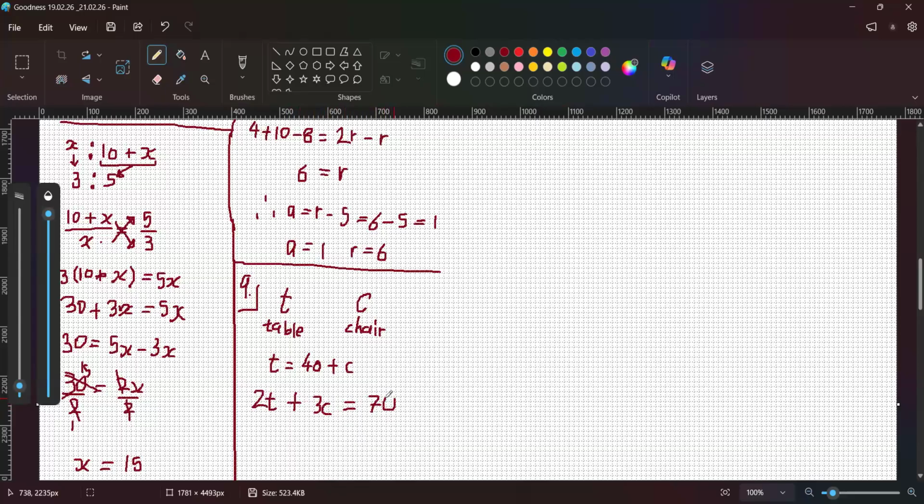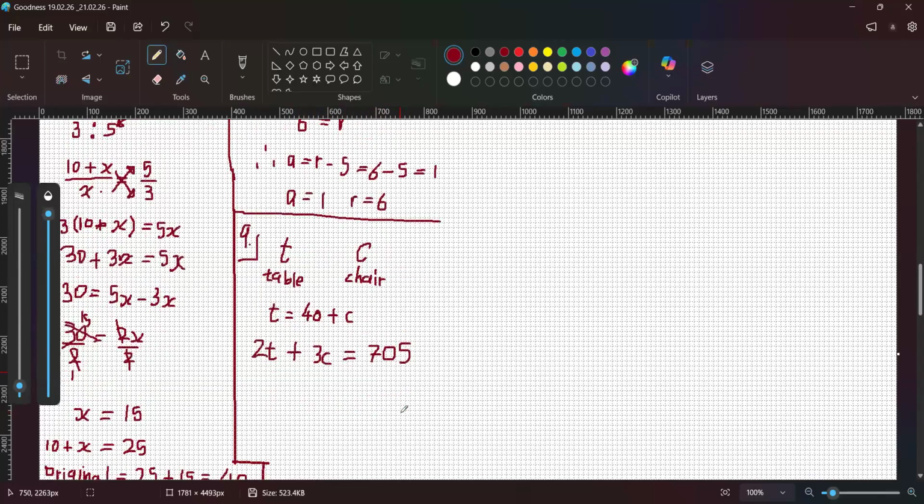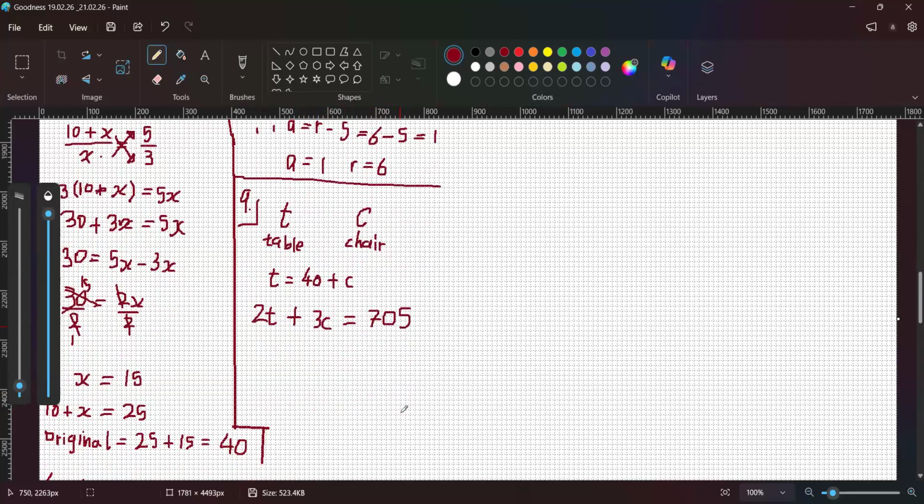Can you see we have gotten ourselves an equation here? Actually, two equations, which I can solve as simultaneous equations. What other method can I use? Substitution, elimination, right? I can use elimination, I can use substitution. But which one would you like us to use?